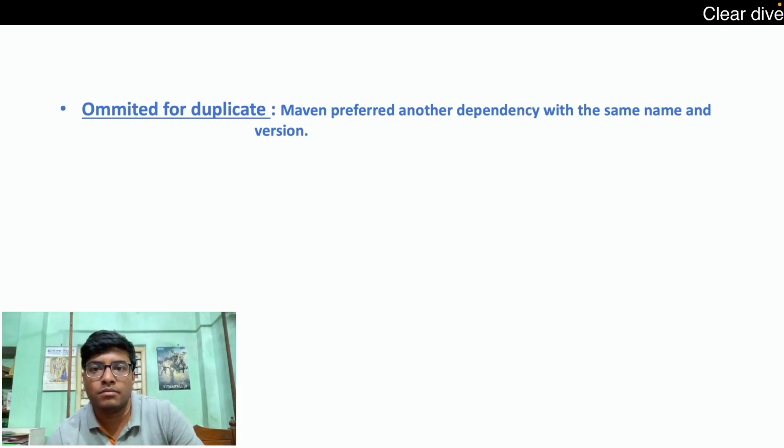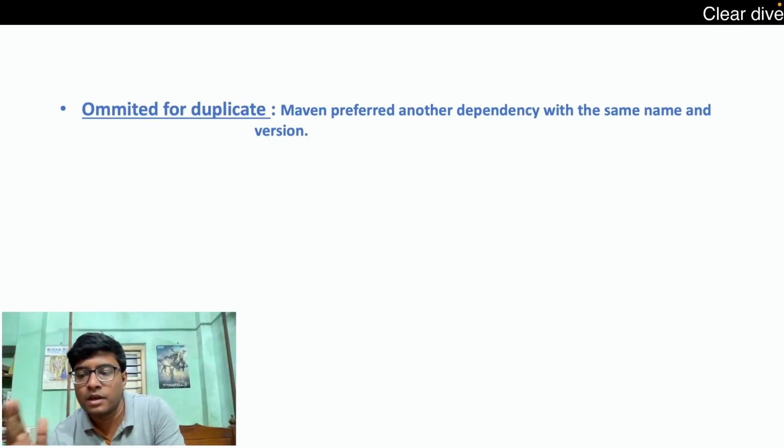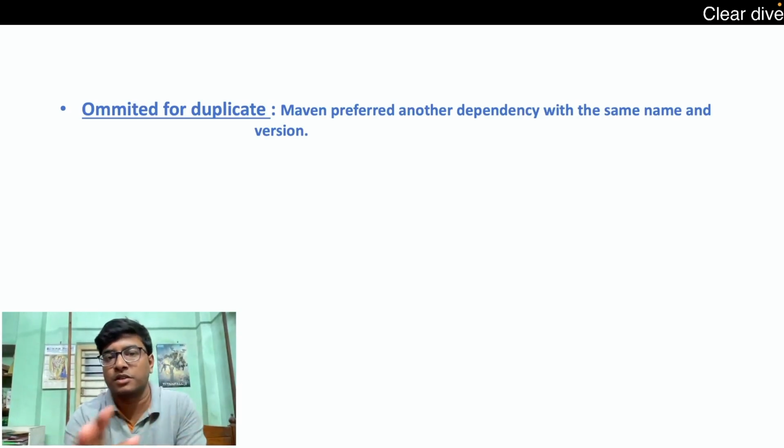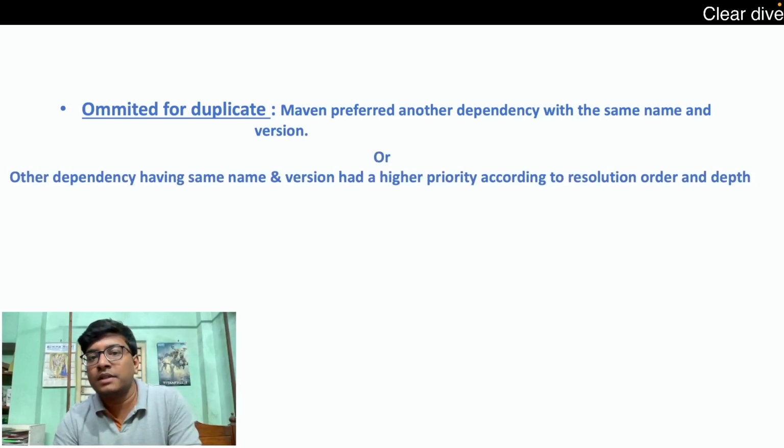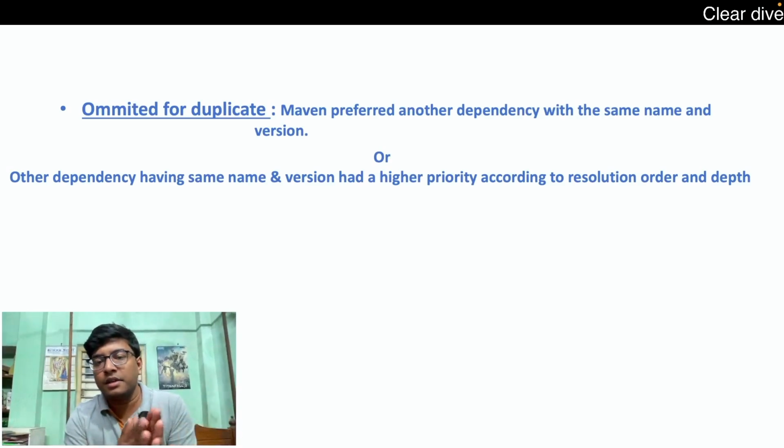Basically it is the same name and the same version, but it preferred another one because Maven found that particular version of the dependency first, right? In the level order traversal, it got it first. Otherwise, the other dependency having the same name and version had a higher priority according to the resolution order and depth. Means it gets it first in the level order traversal.